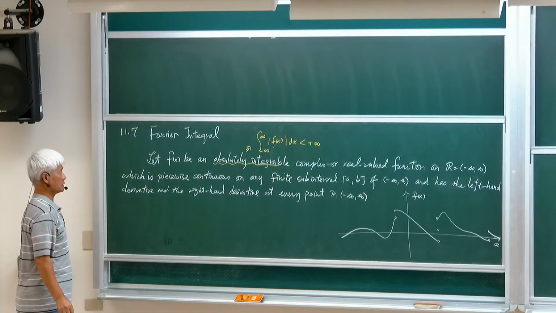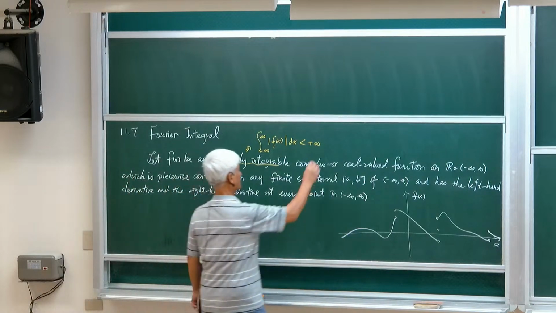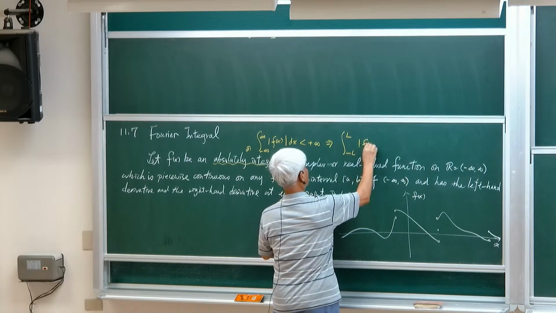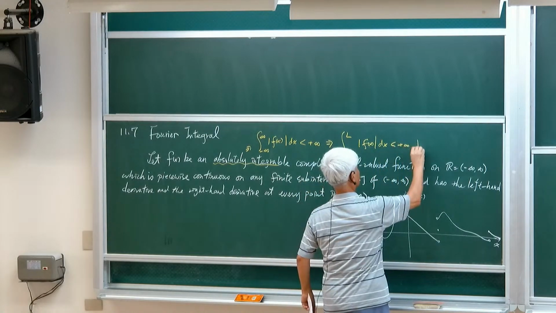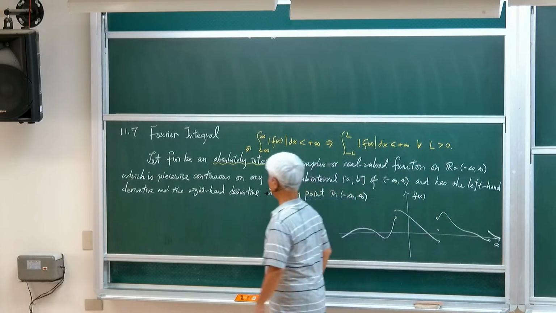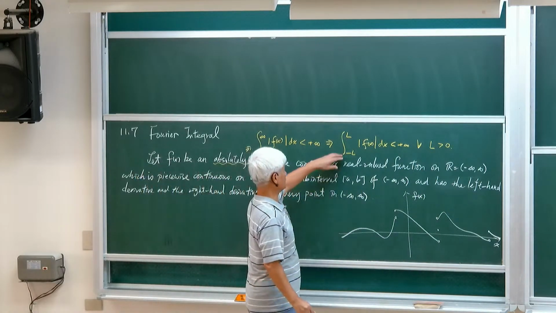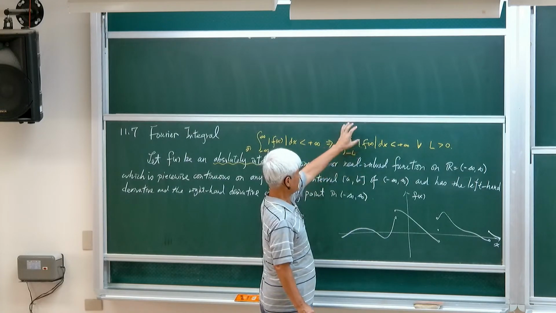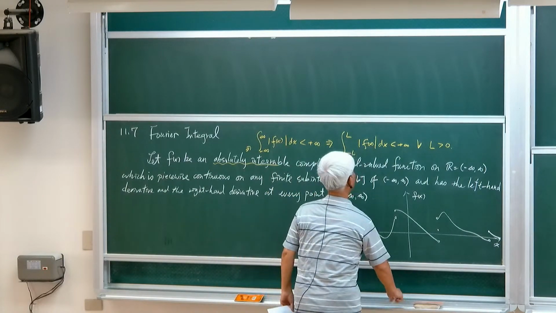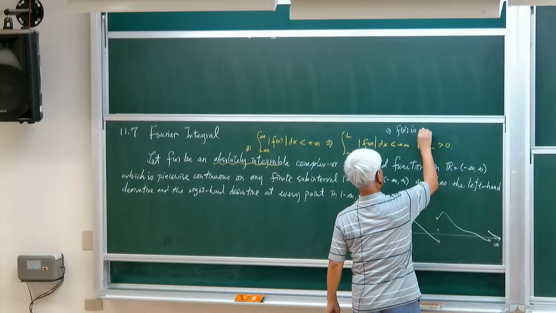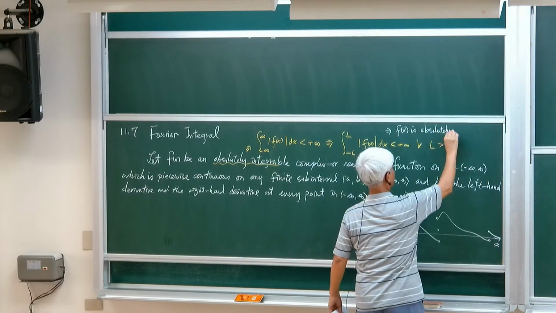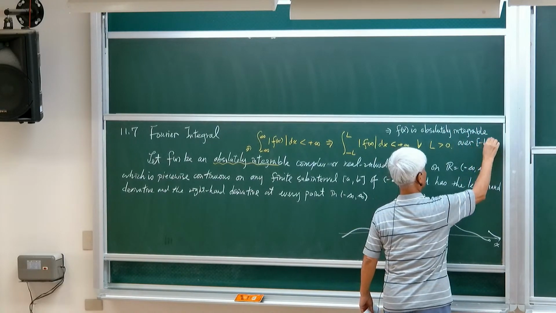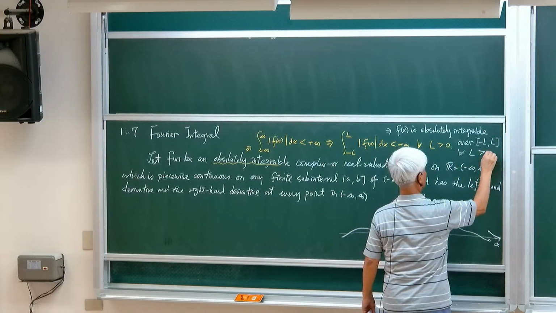So that means absolutely integrable. This implies that if we limit the lower integral limit and upper limit to minus L and L respectively, then we have that f of x is absolutely integrable over minus L to L.